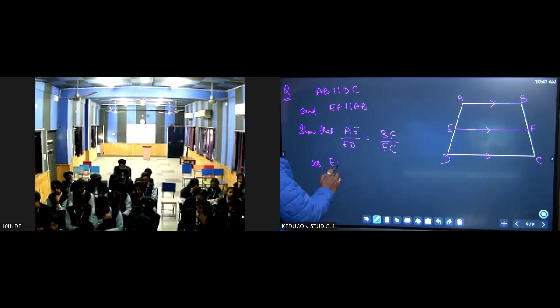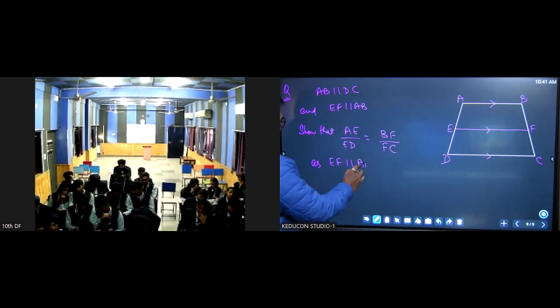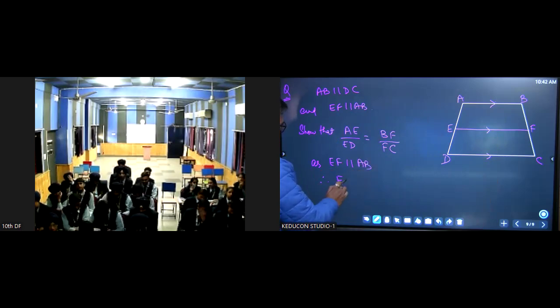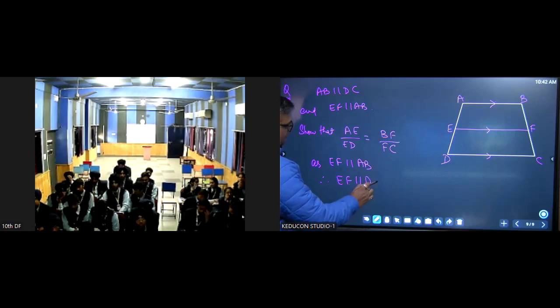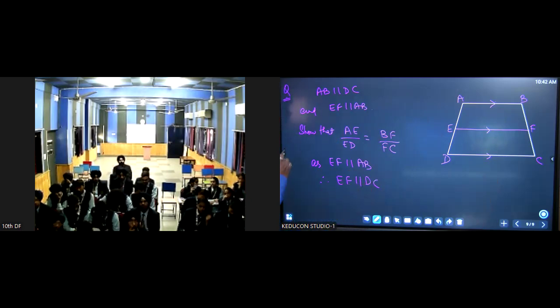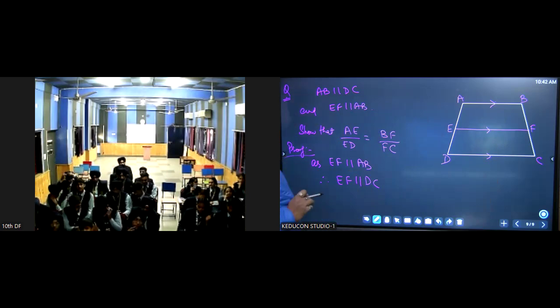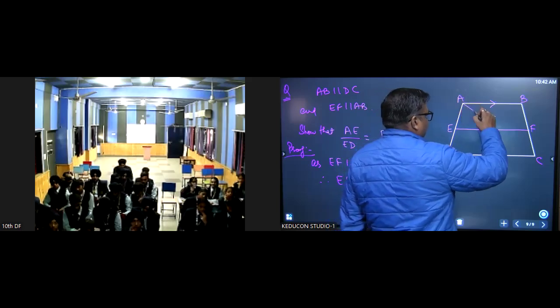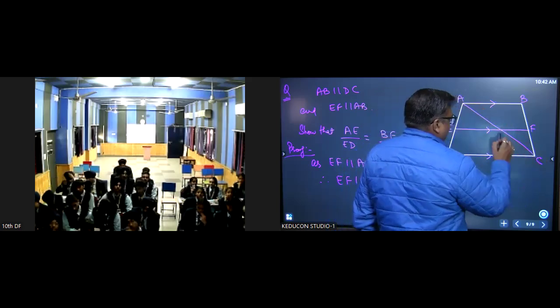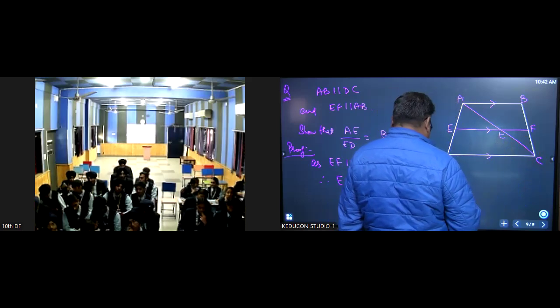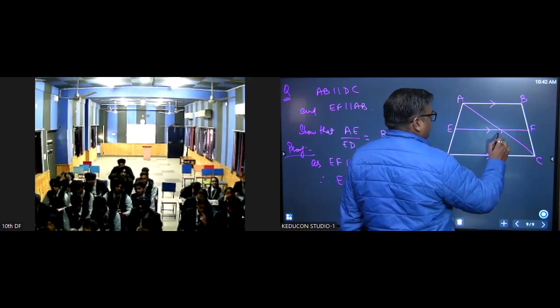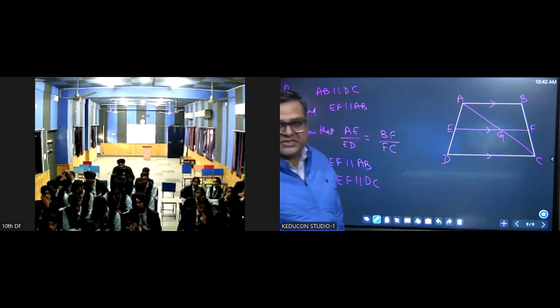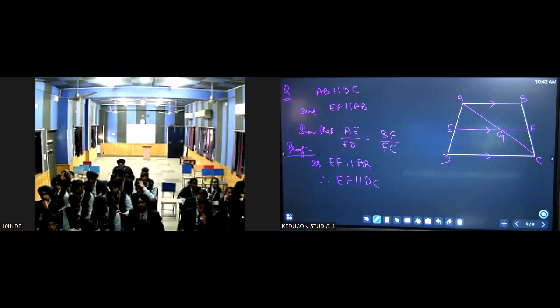As EF is parallel to AB, therefore EF is also parallel to DC, right बच्चों? और सबसे पहले हमने क्या करना है, मीट AC, AC को मीट करा दो and let's say this point is G.